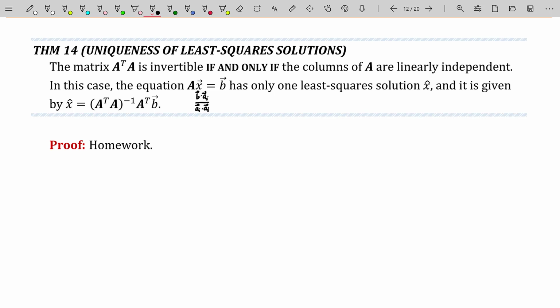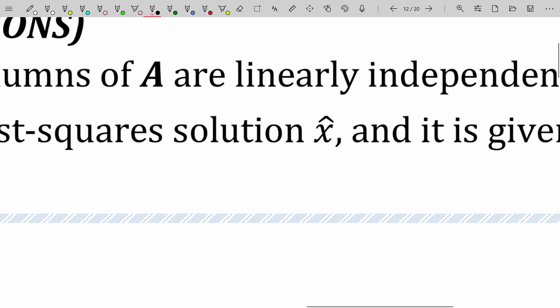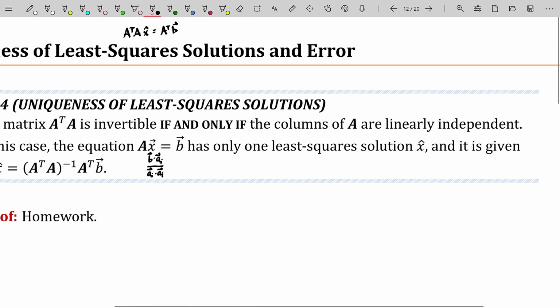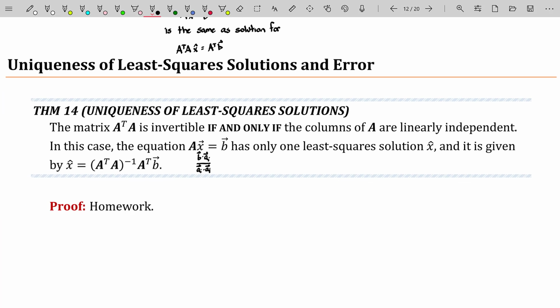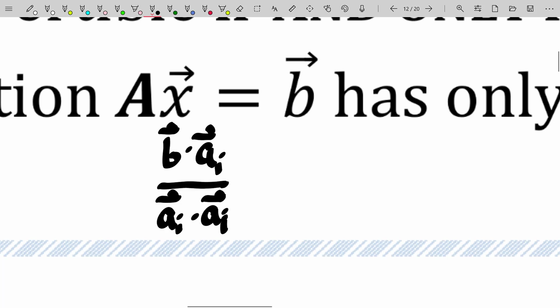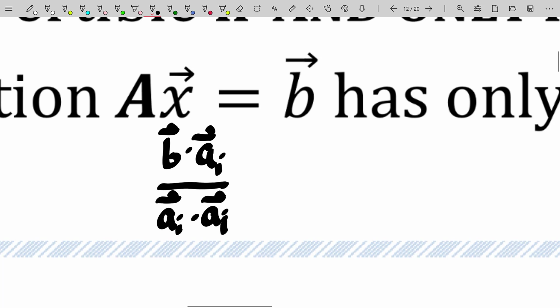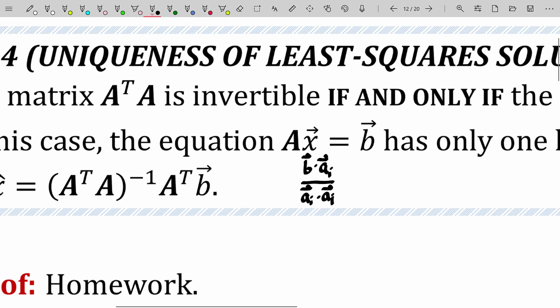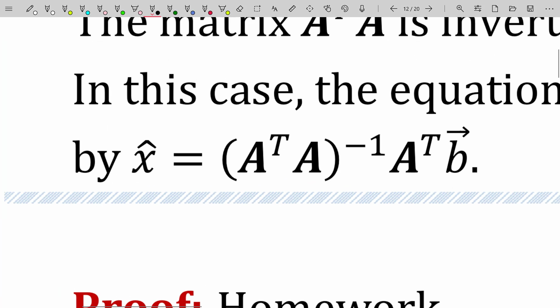The name of the theorem is the uniqueness of least squares solutions. If the columns of A are linearly independent, then A transpose A is invertible. Not only that, but the least squares solution to AX equals B is unique, and that least squares solution has the form X hat equals (A transpose A) inverse times A transpose B.